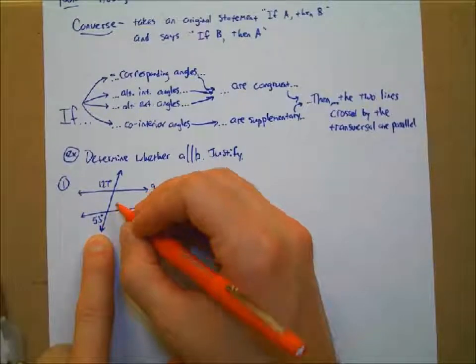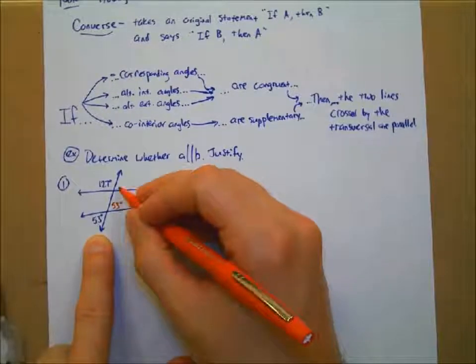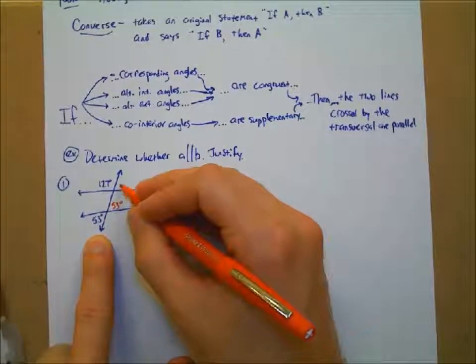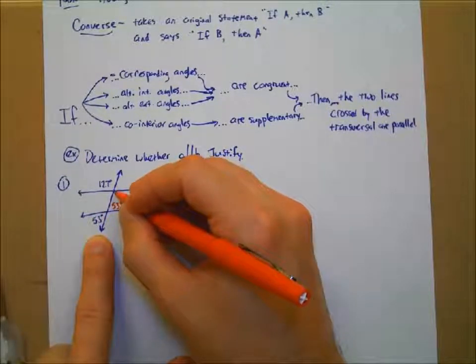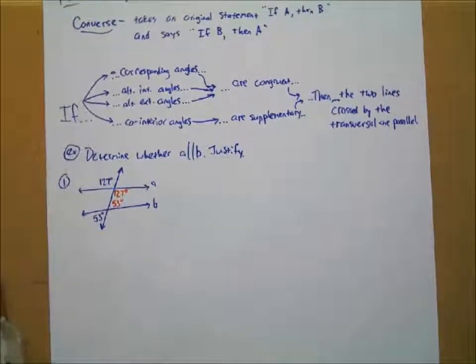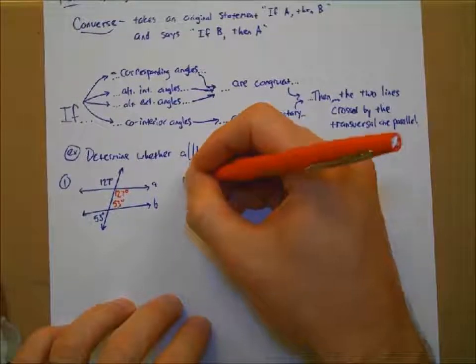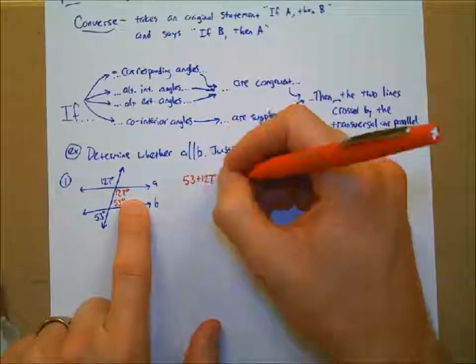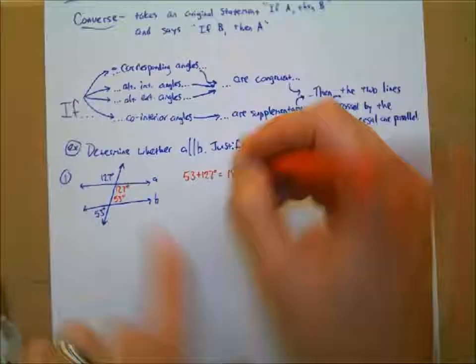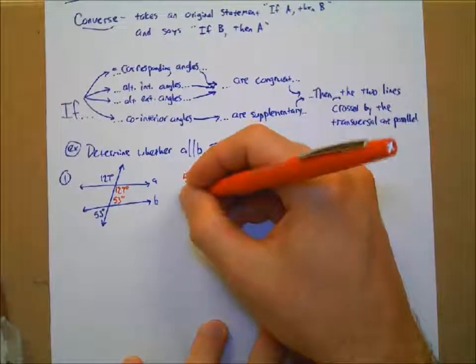I can see, aha, this 53 degrees is vertical to this angle, so this is 53 degrees as well. But that's not really helpful, because I don't have an angle to match with it. But I could also say that this angle is vertical to the 127, so it's 127 degrees. Then I can show 53 plus 127, these two co-interior angles, add up to 180 degrees.